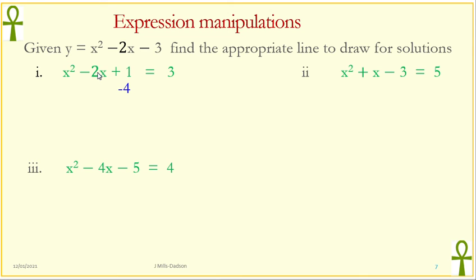By taking away 4. And because this is an equation, whatever you do to one side, do the same to the other side. So I've done that. Now you remember that once you do minus 4 on the left hand side, the whole thing becomes exactly what you see here. So you don't need to rearrange it.